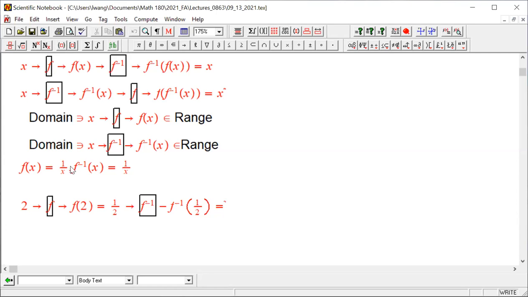What is f inverse of half? f inverse of x is 1 over x, so this input is going to go here. A complex fraction, right? So 1 divided by half. 1 divided by half equals what? How many halves in 1? 2. Aren't they the same?